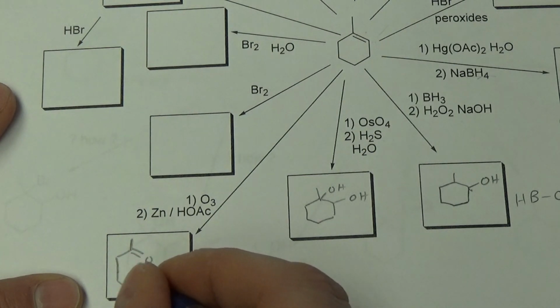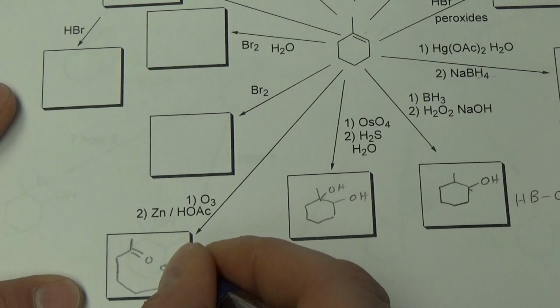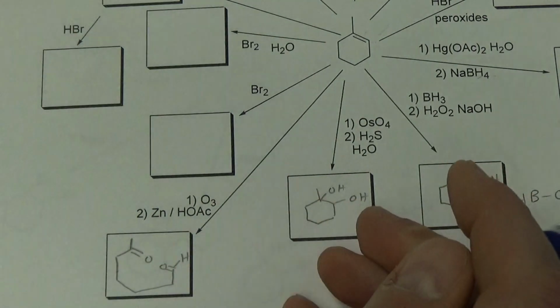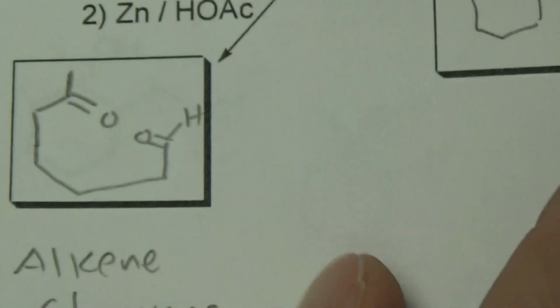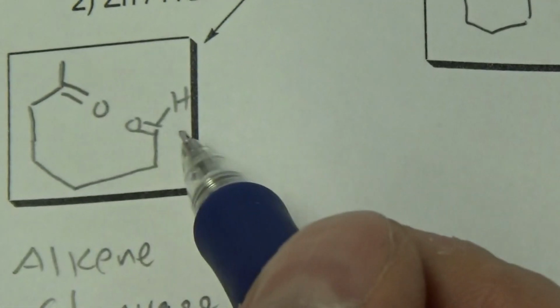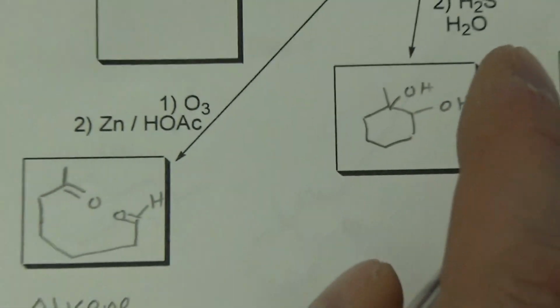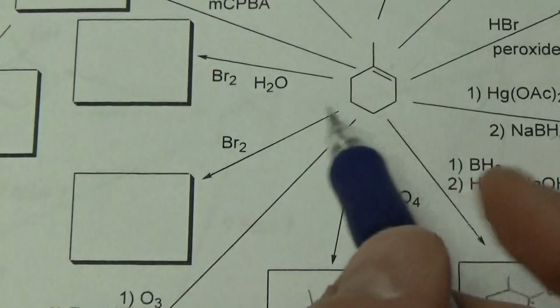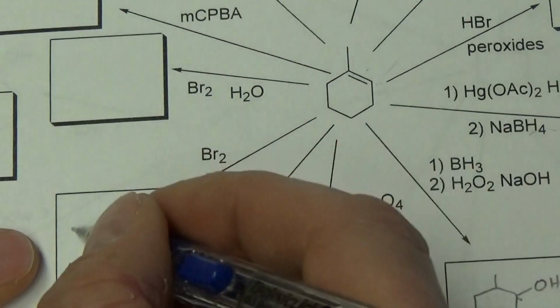And I'm going to draw kind of an extended looking molecule, aldehyde. And I have them poking at each other. See that? Ketone, aldehyde. So basically the C double bond C has been cleaved into 2 parts. Okay, Br2. Br2 just dibrominates the alkene.